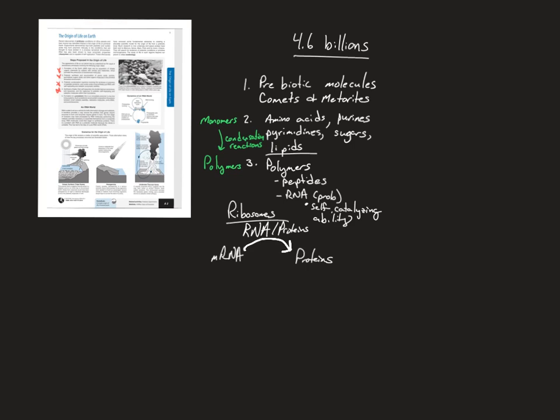And then the fourth step would be lipids forming the bilayers that we've talked about, right? So they may not have looked exactly like the membranes that we've studied in class, but there was some kind of primordial bilayer of lipids that allowed an inside and an outside, right?